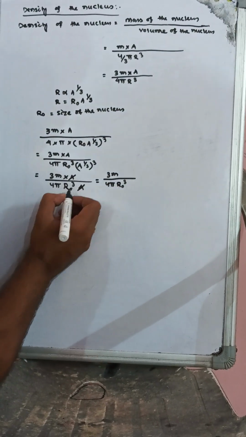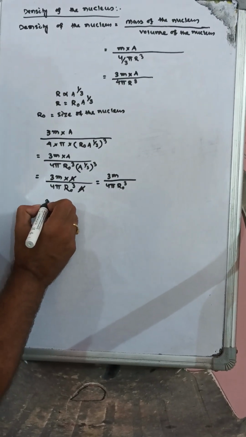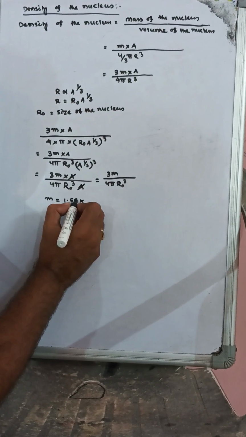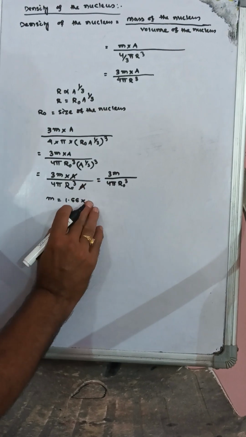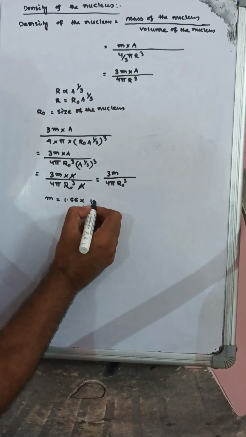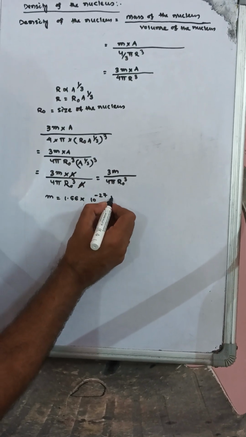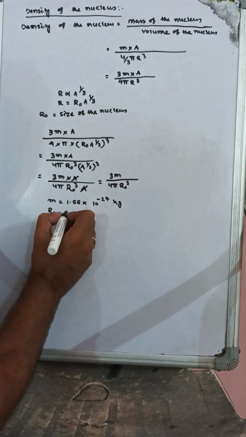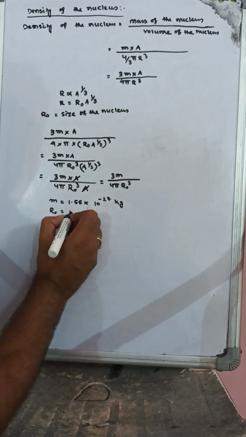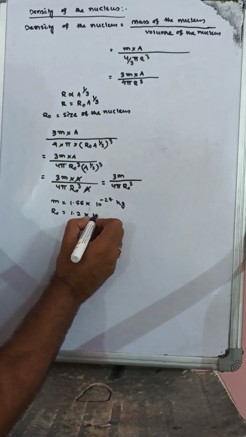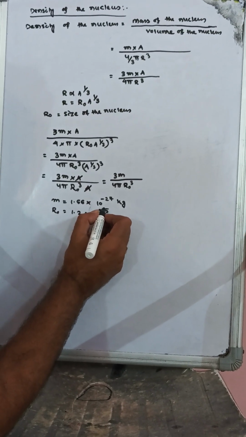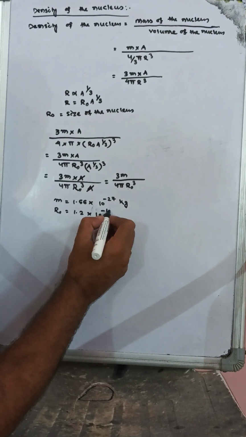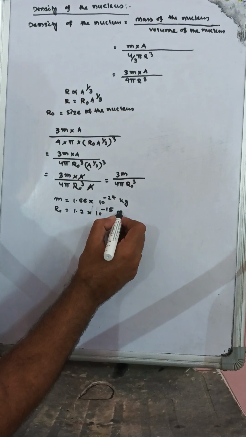Okay, then we know the value m is equal to 1.66 into 10 to the power minus 27 kg, and r naught, that is the size of the nucleus, is 1.2 into 10 to the power minus 15 meter.